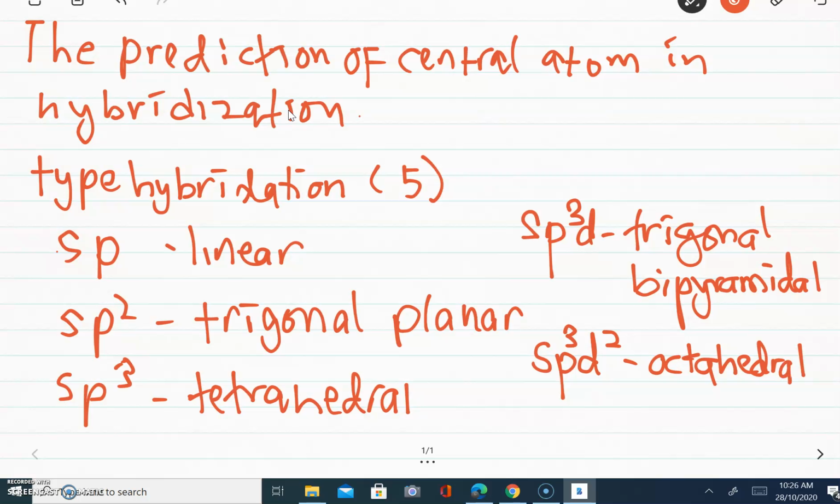For your information, all the types of hybridization here follow the basic shape of molecular geometry.